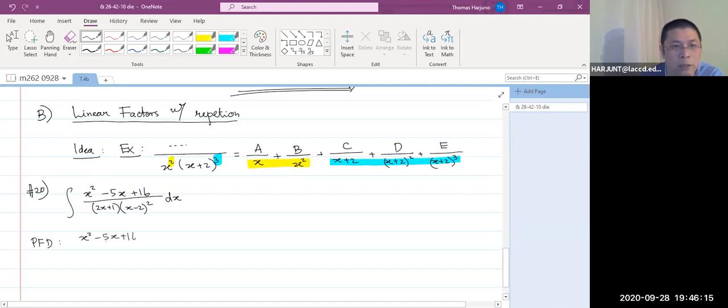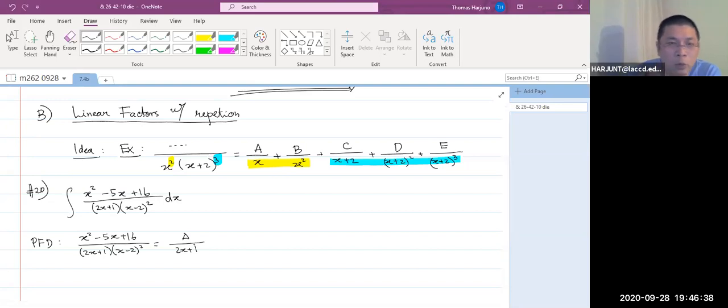We have this. At the bottom, we have 2x plus 1, x minus 2 squared. It equals something over 2x plus 1, right? You see that the denominator is linear, degree of 1, so the numerator has to be a constant, plus.